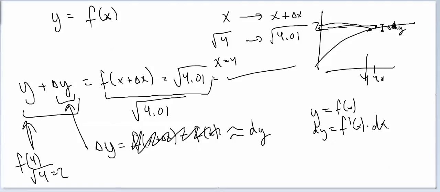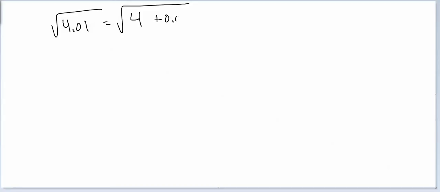And in this problem, when we're taking a look at the square root of 4.01, what we want to do is write it as something really nice and easy, and then plus this small little change. This is our original x value, and this is our delta x, or this is also our dx value, okay?